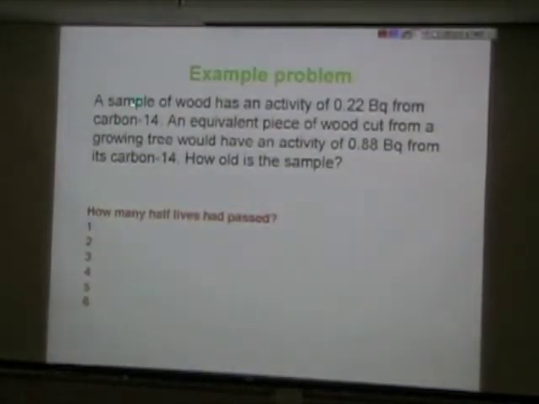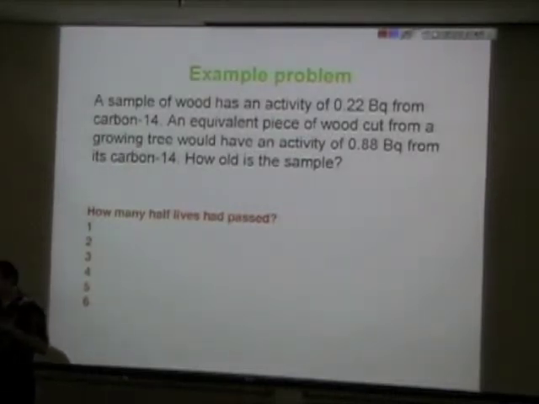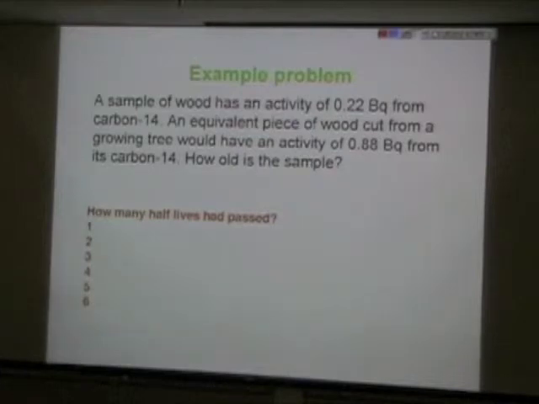Here, a sample of wood. So we have a very old piece of wood, and its activity is 0.22 becquerel. So what do we do? We take exactly the same sample of wood from a living tree. So we assume that some years ago, this wood would be active exactly like current wood is active now.